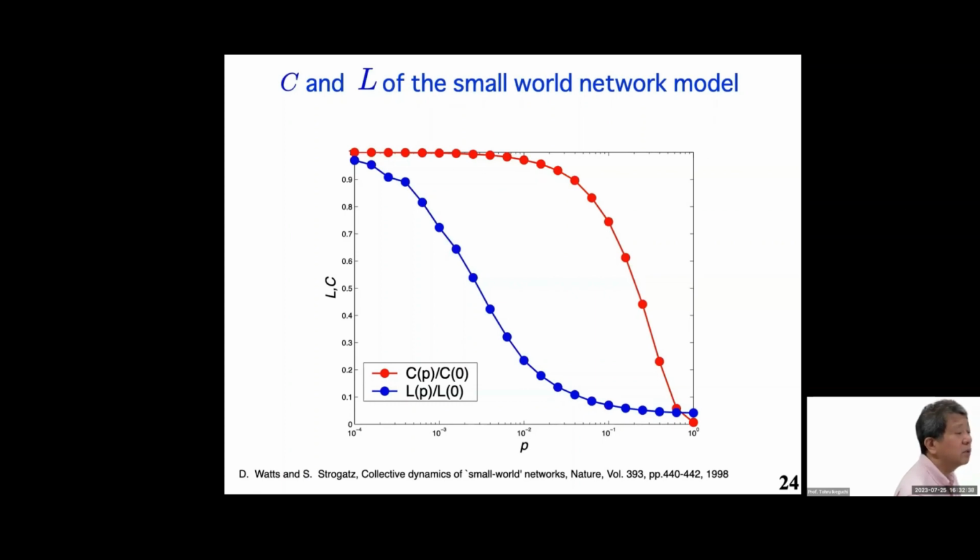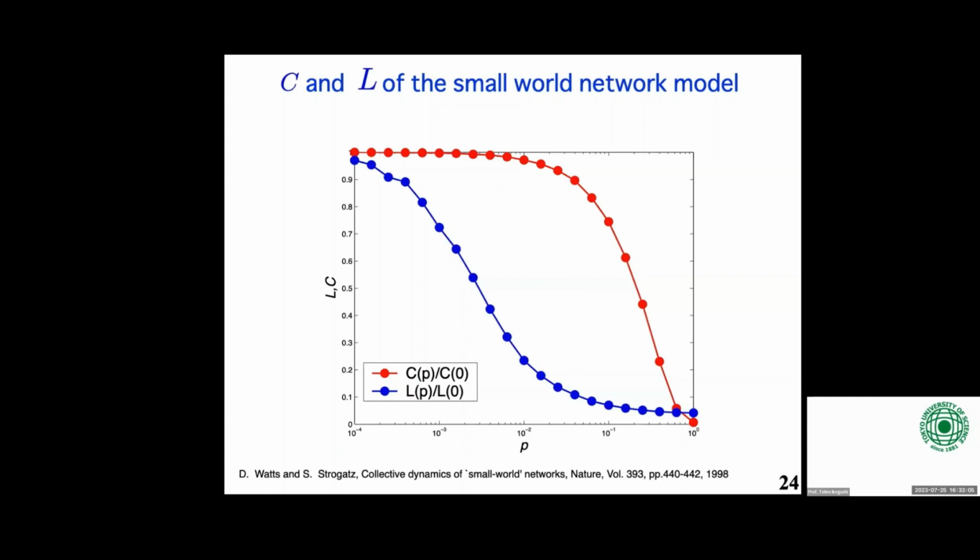The horizontal axis shows the so-called rewiring probability P, and the vertical axis shows the clustering coefficient C of P and the average path length L of P. But these C of P and L of P are normalized by C of 0 and L of 0, the values when P equals 0, respectively.